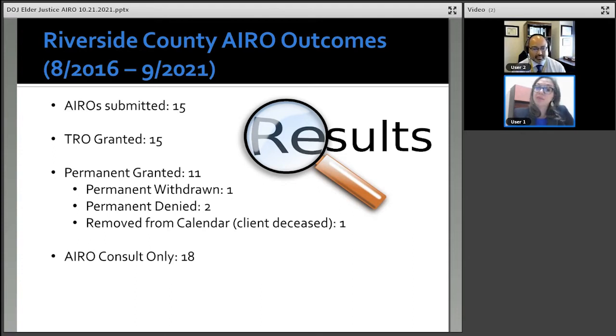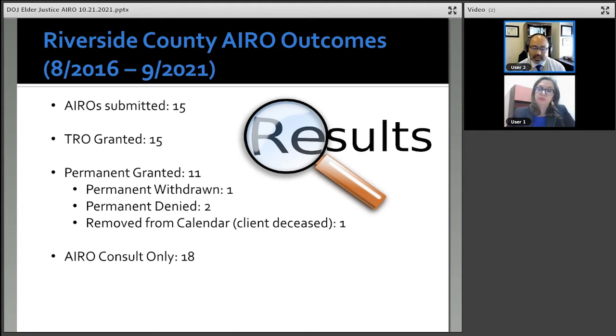I don't know if you want to add anything else to that, Ray. At least on the one that was denied for permanent restraining order, that went through a long evidentiary hearing, kind of a mini trial. And there's conflicting evidence on both sides. And I think the basis for that restraining order was a suspicious break in the left femur.